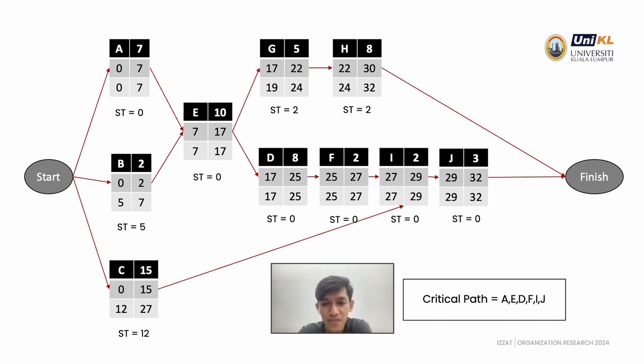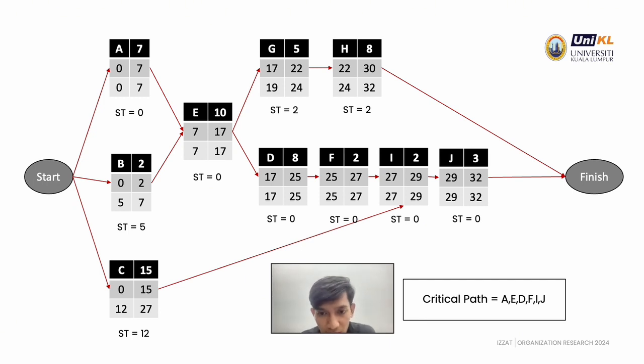For H, the earliest finish is 30 and for J, the earliest finish is 32. So activity J has the maximum earliest finish, and we put 32 at the late finish for both activities. Next, to calculate the late start, we take the late finish minus the completion time, and you get the answer for the late start.